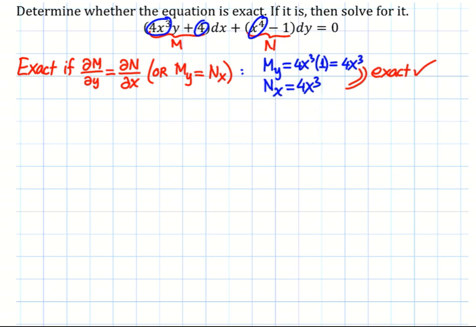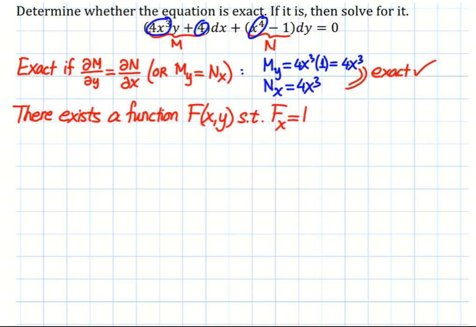Now if it is exact, there exists a function, we call this a potential function, f of x, y, such that the derivative of f with respect to x equals M, and the derivative of f with respect to y equals N. We work one by one.